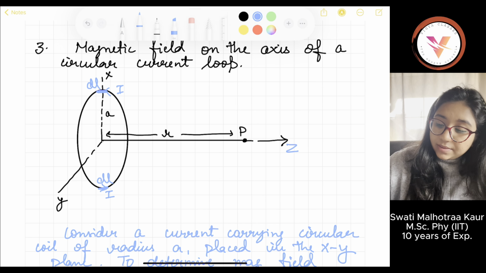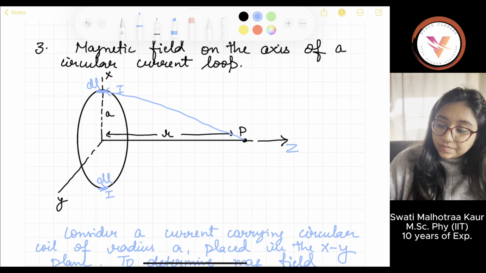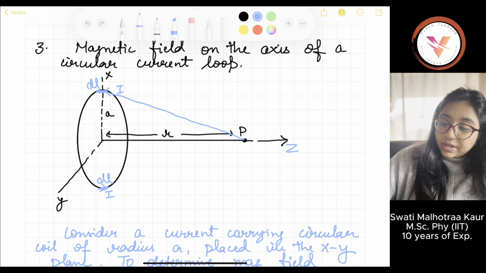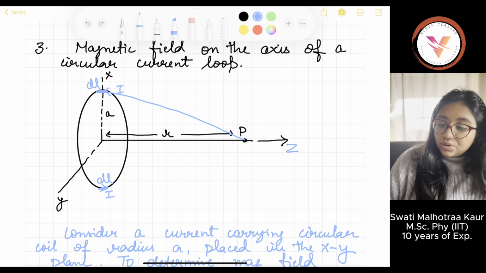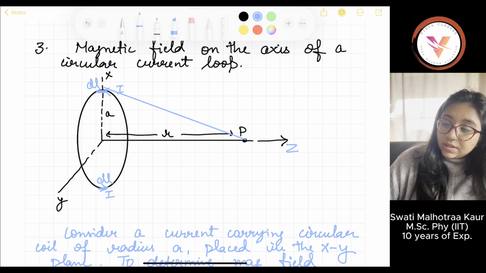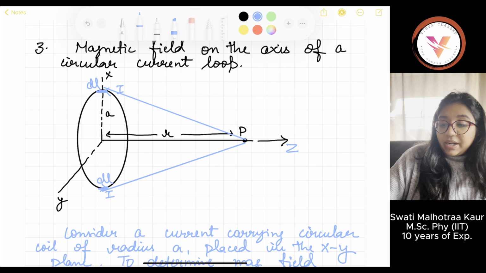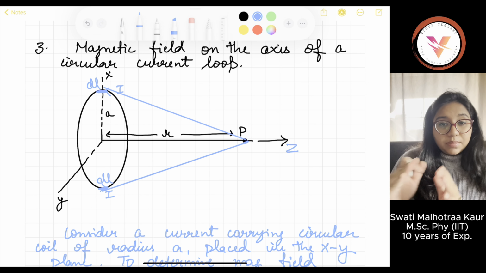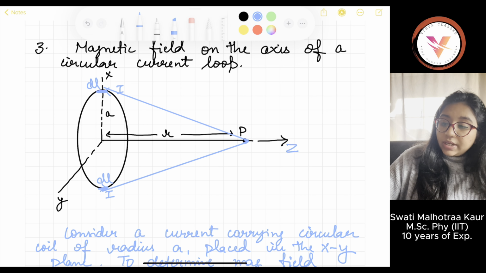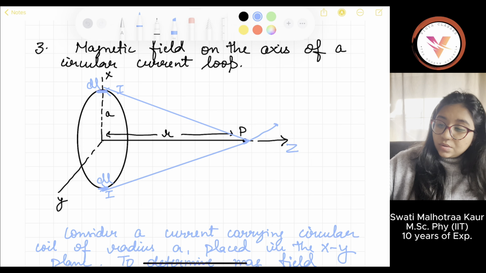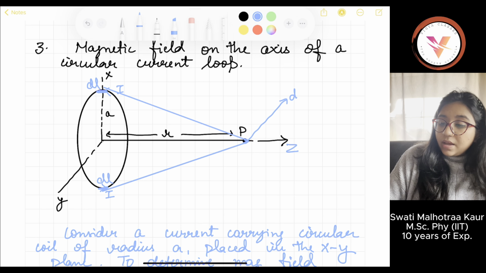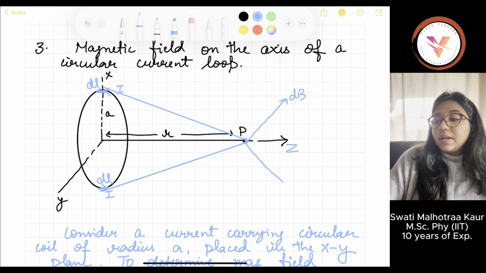With dl, let's say the magnetic field is this, which is basically perpendicular to it. So join this and this, and the magnetic field due to each is perpendicular. It is not vertically opposite, it goes somehow perpendicular. This is dB, and also perpendicular to this is the other dB.